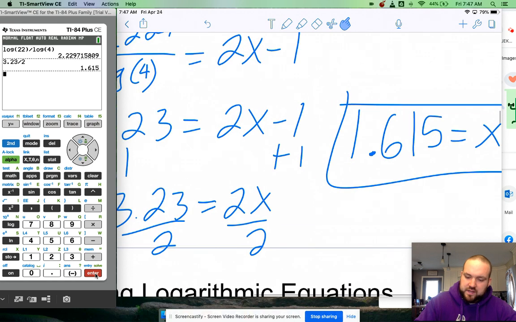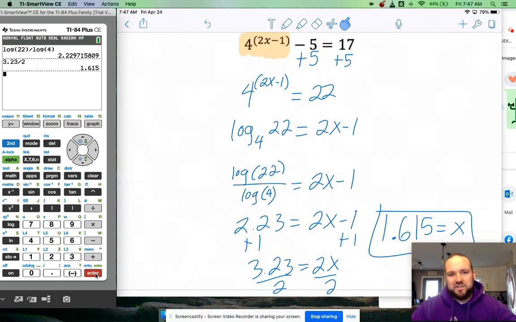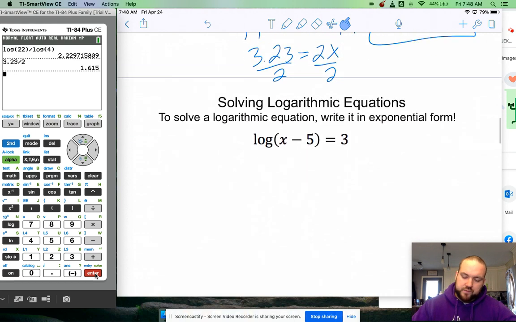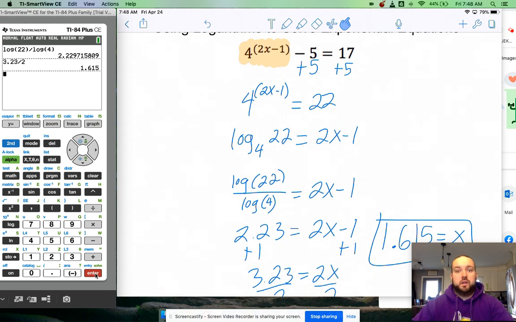That was just a quick problem like yesterday. I know it looks like a lot of work, but I wrote it out longer to make sure I show all the steps. So that was the first video, 751: exponential equation, write as a logarithm to solve.